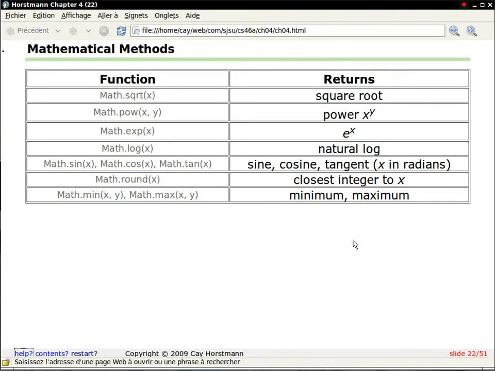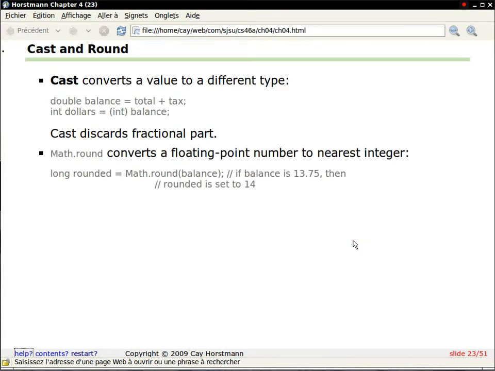All right, the other nasty thing is casting and rounding, and we'll just have to get to it. It's a little unintuitive. When you have a floating point number, like the balance here, notice it's a floating point number, a double.